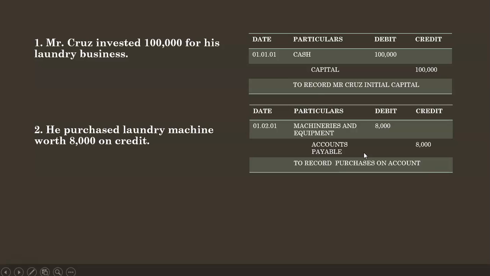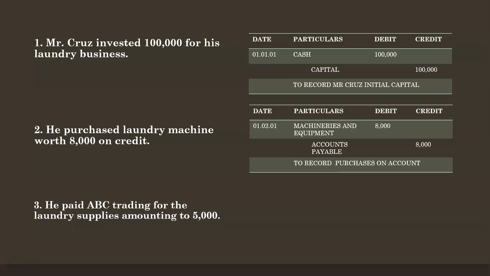So, diba? Napakadali na natin mag-journalize once tapos na tayo mag-analyze ng bawat transaction. Let us now proceed to transaction number 2. He paid ABC Trading for the laundry supplies amounting to 5,000 pesos.